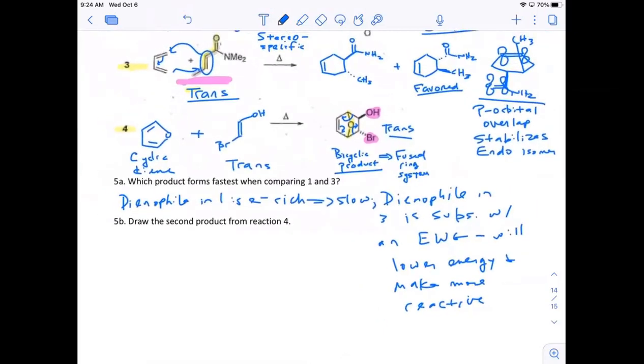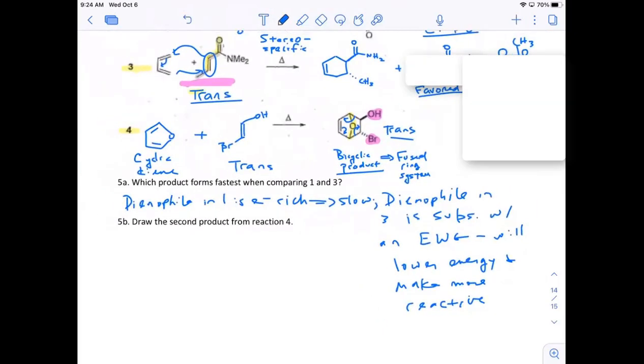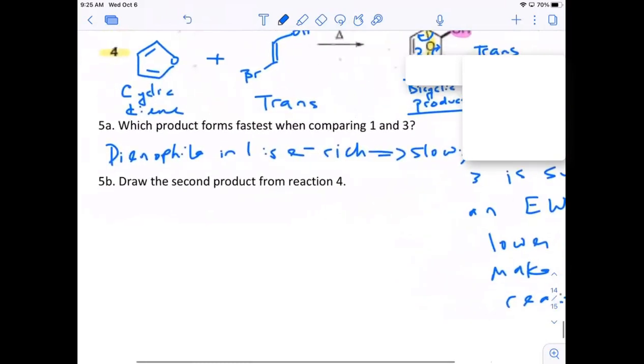We've already done, no, we haven't. What would the second product look like for reaction 4? We just talked about this with reaction 3. Not endo and exo, but the Br will be wedged and the OH will be dashed. You'll have a second isomer that looks like this.